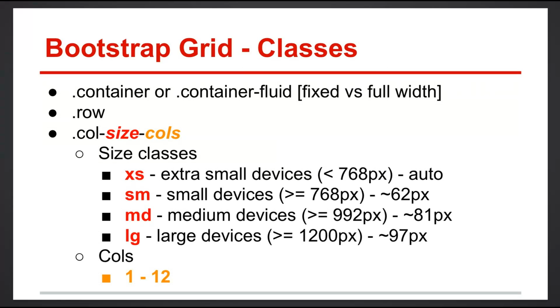So in order to use the grid, you always need to have it wrapped inside a container class or container-fluid. The difference between these two is with container, you have a fixed width, and with container-fluid, it's pretty much full width, so it adjusts depending on your screen size. These days, I think nearly everyone uses container-fluid, but container has applications still.